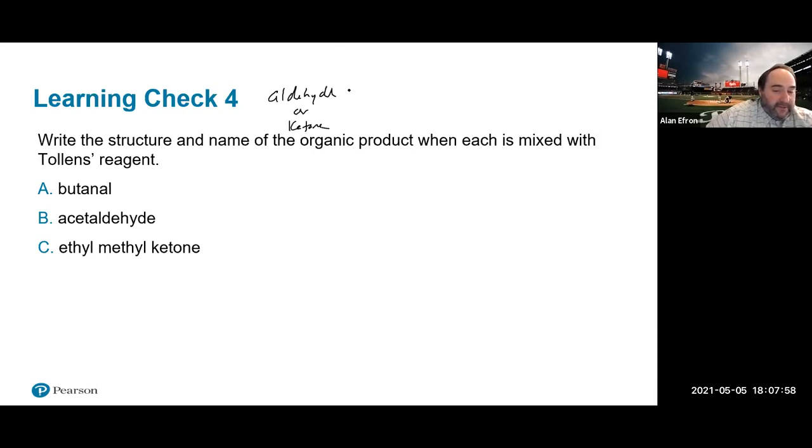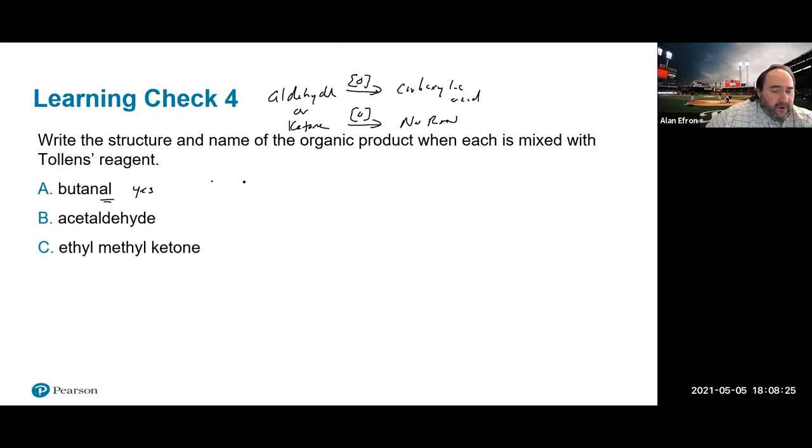And we know from our conversations here, the guy that goes through oxidation to that carboxylic acid is the aldehyde. Again, the ketone will not, which means we could just look at the name here and go, that is butanal, which means yes, it will go through a reaction.